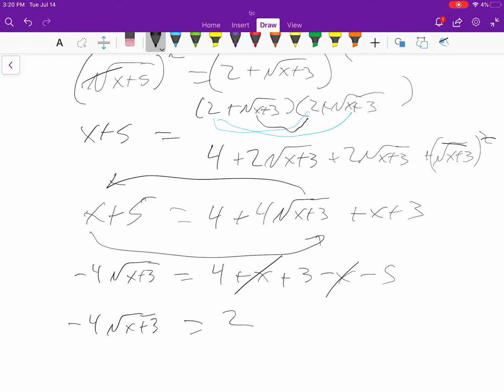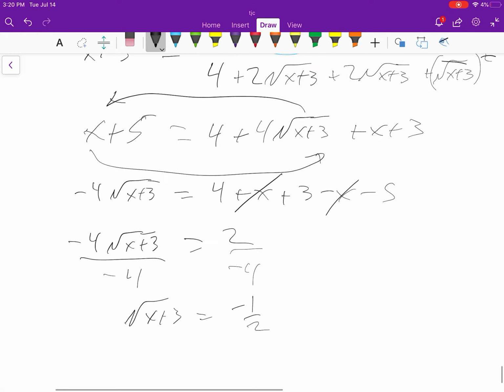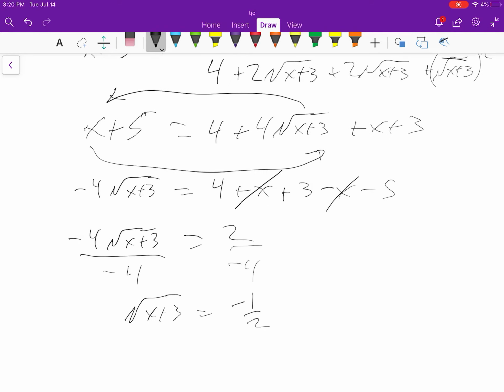Okay, now before we raise both sides to the power of 2, I would go ahead and move the 4 over by dividing both sides by negative 4. Okay. Now square both sides.